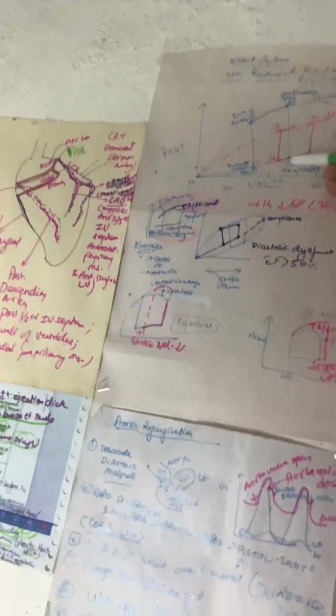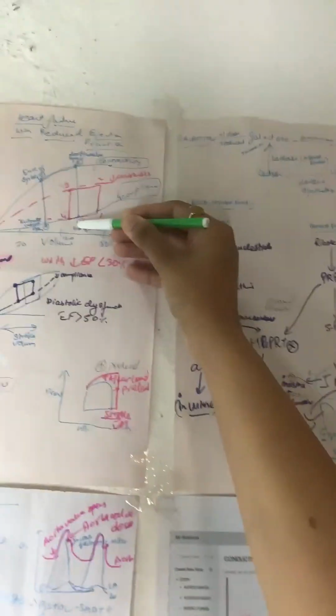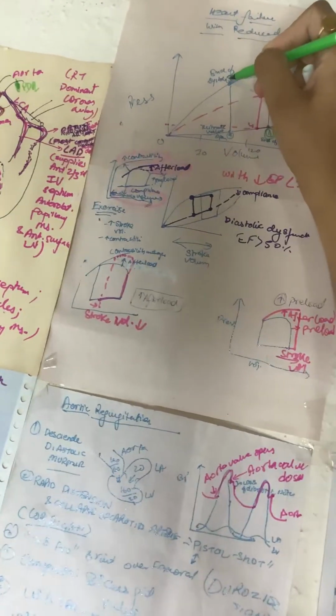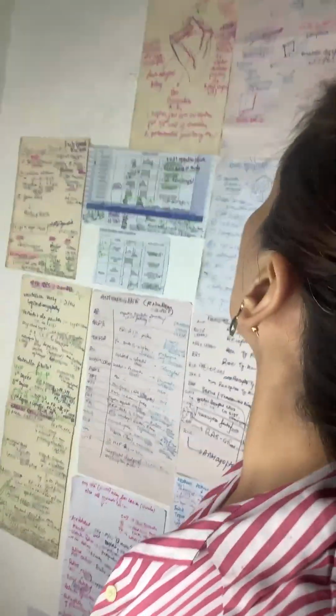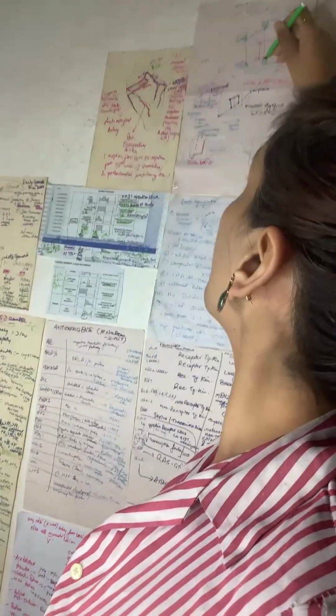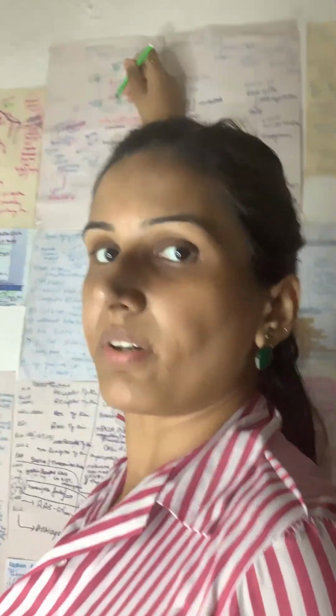So now if we start with the first, this is the first one. In this scenario, we look at the first point, then the second, then the third point, and then the fourth point. So imagine this is a heart. We start with the first, the end of diastole.